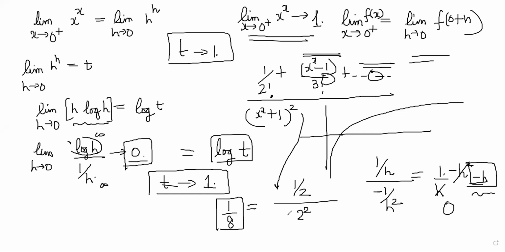Okay. So this was a little complicated one, but again, what I'm doing is figuring out a pattern where it fits some standard limit. You have to notice here that I added and subtracted a 1, so there will be a minus 1.